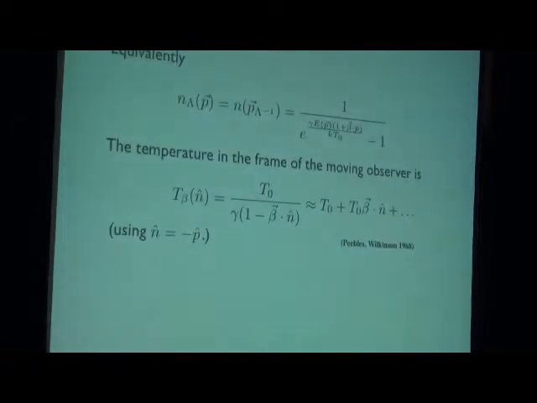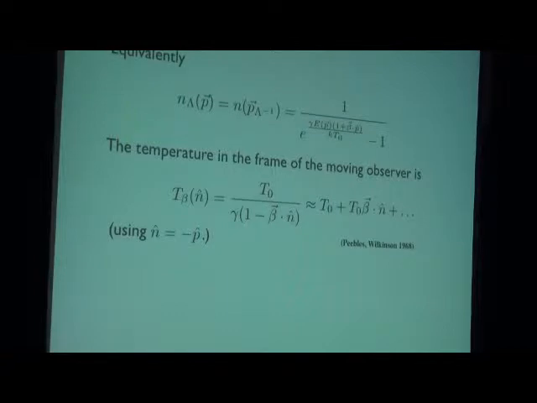Or equivalently, by just relabeling things, you find that the occupation number that the moving observer sees for the label lambda p is the same as the occupation number that the observer at rest sees for the inverse of the boost applied to that momentum.